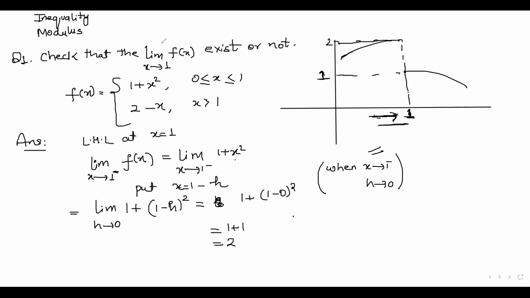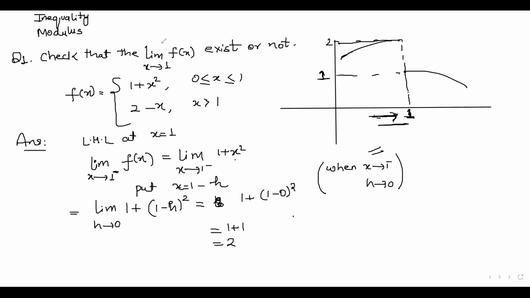If it does not exist, meaning LHL is not equal to RHL, then you can write in the exam that the limit does not exist. If they say find the limit and you get different LHL and RHL, you can still write that the limit does not exist. But in this case, the limit will exist. I have checked the question, the limit exists. So Nabil, check it again.